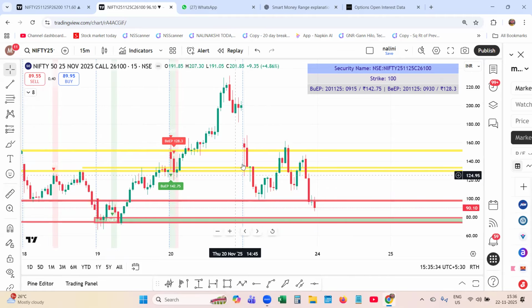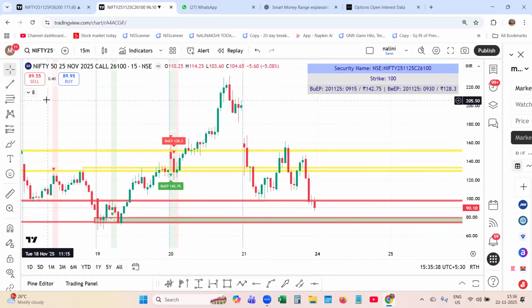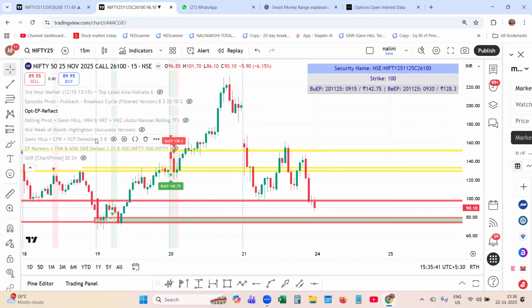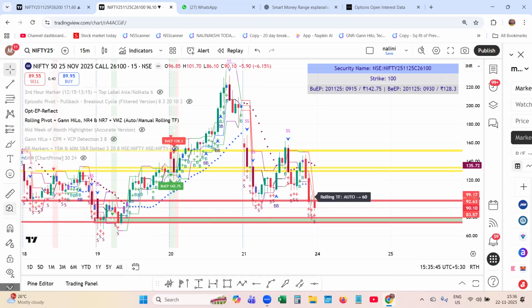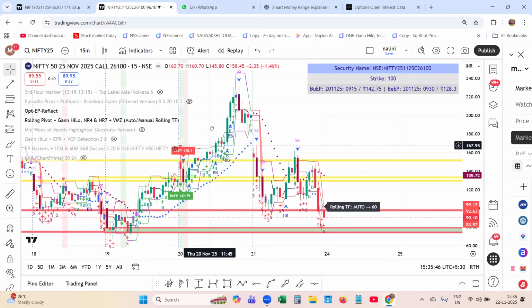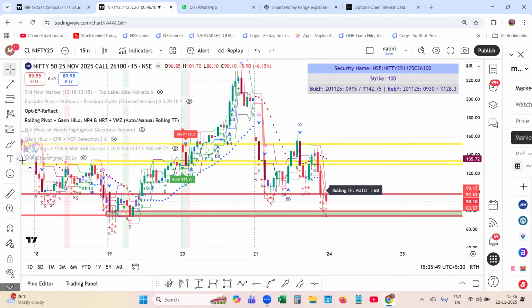When something has been provided, so easy, see exactly it is coming over here and I am enabling the rolling pivot here. With the help of the rolling pivot, levels are already there. At the same level, you could have entered into the call option.